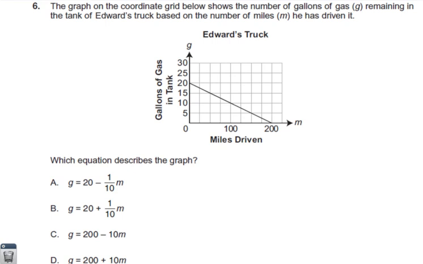All right, look, don't let it confuse you that they have G and M instead of Y and X. Your M here is like X. Your G is like Y. And you should also realize that choice A, for example, is probably better written like that, because then it would be in mx plus b form.